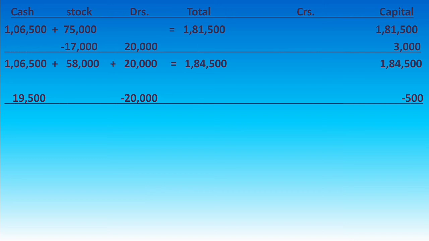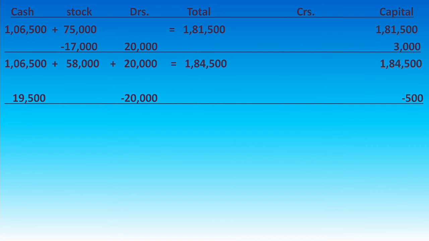As per the previous transaction, the amount receivable from him was 20,000. Then the balance 500 rupees is the discount allowed to him. Discount allowed is an expense and all expenses will go to the proprietor's fund. Then we can deduct 500 from capital, then minus 500 in the capital column.